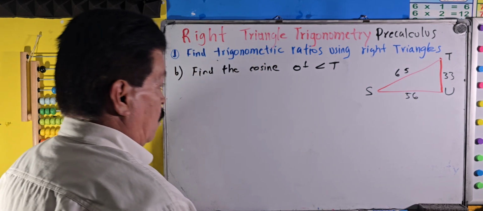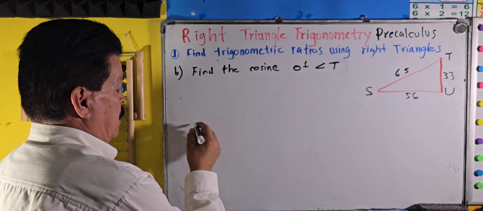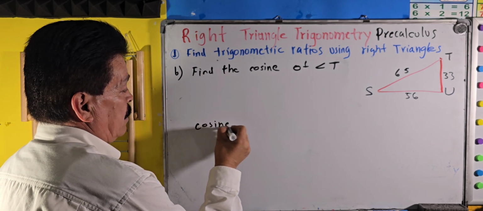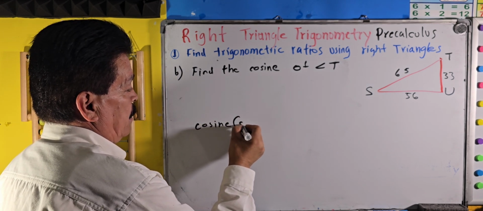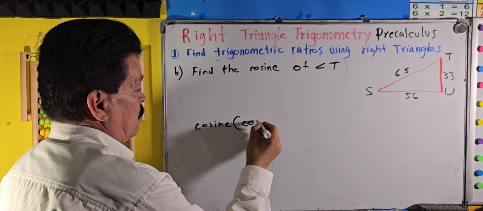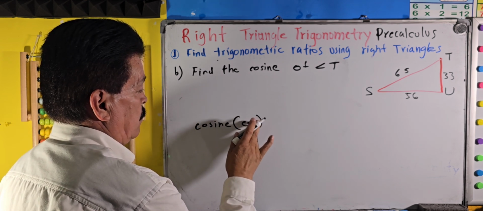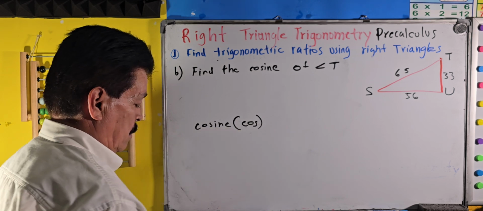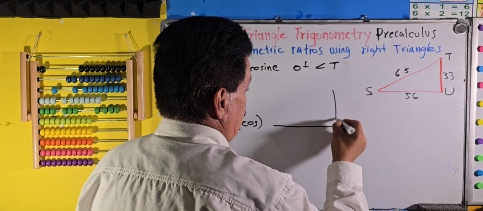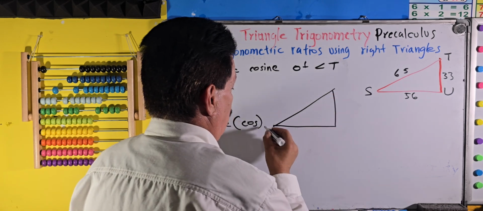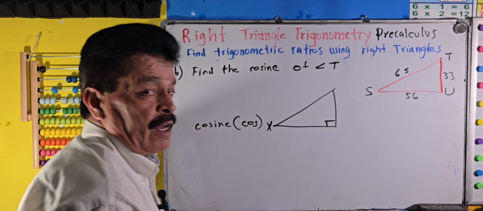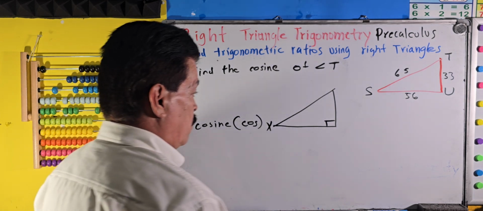Okay. So the definition of cosine, just write cos. When you have a right triangle like this, we're talking about angle x. This is a right angle.